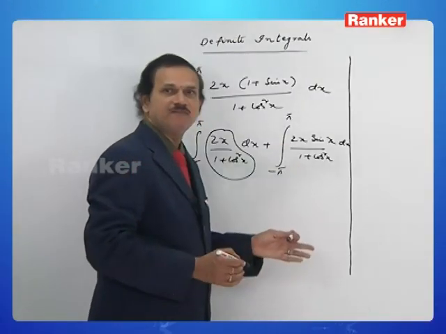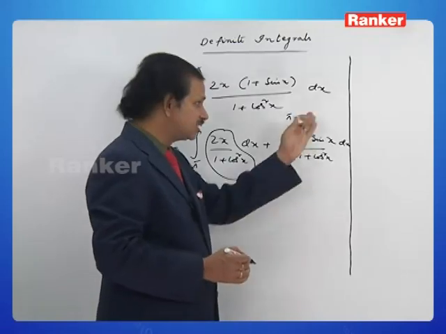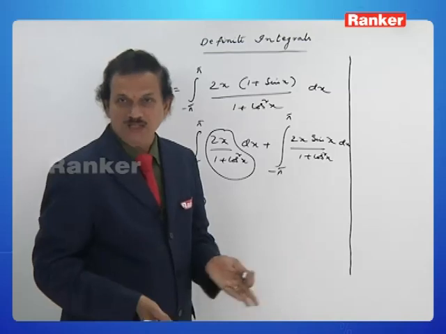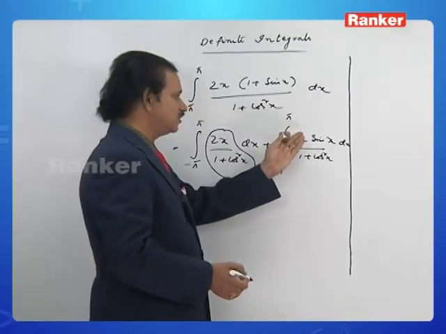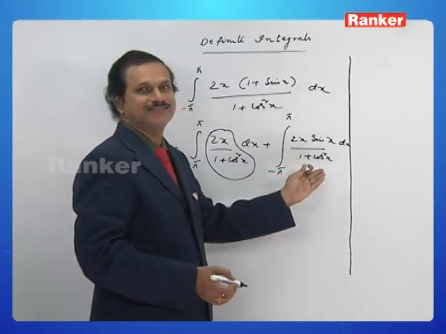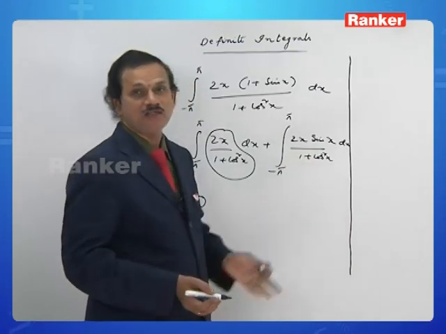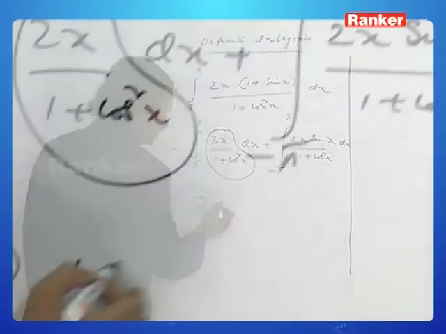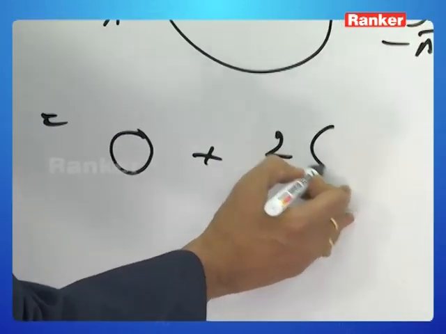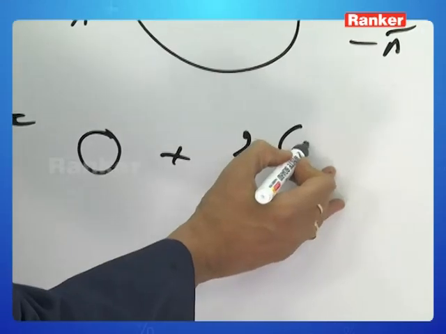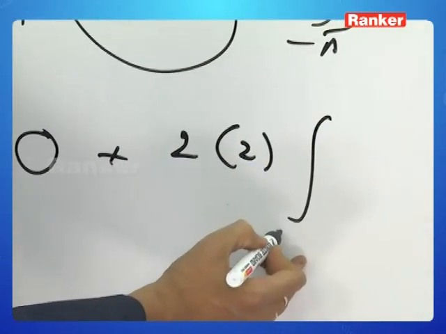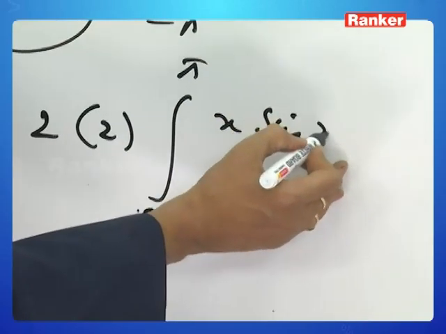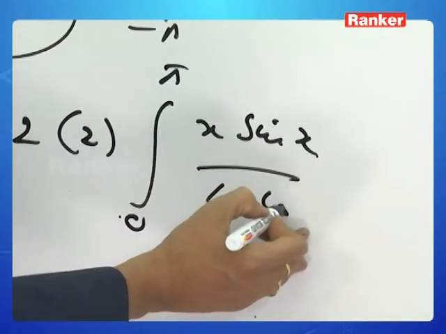Accordingly, this is an even function. 2x is an odd function, sin x is an odd function, product of odd function and odd function is an even function. 1 plus cos square x is an even function, therefore it is an even function. As it is even, we can write this as 2 into the integral from 0 to pi of x sin x by 1 plus cos square x.